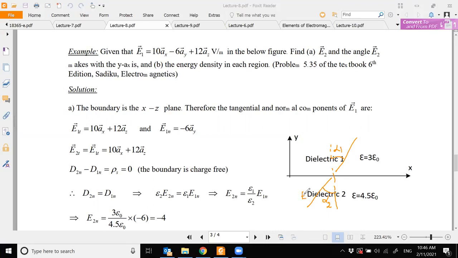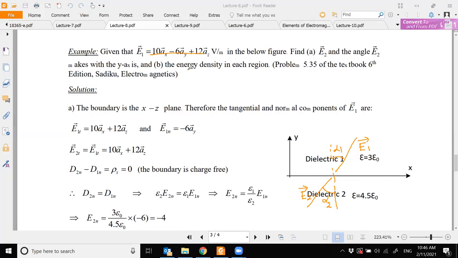I cannot put an arrow here, guys, because we have three dimensions, so I really don't know how the direction of the electric field E1 will be. Okay, so this is what we need to find.